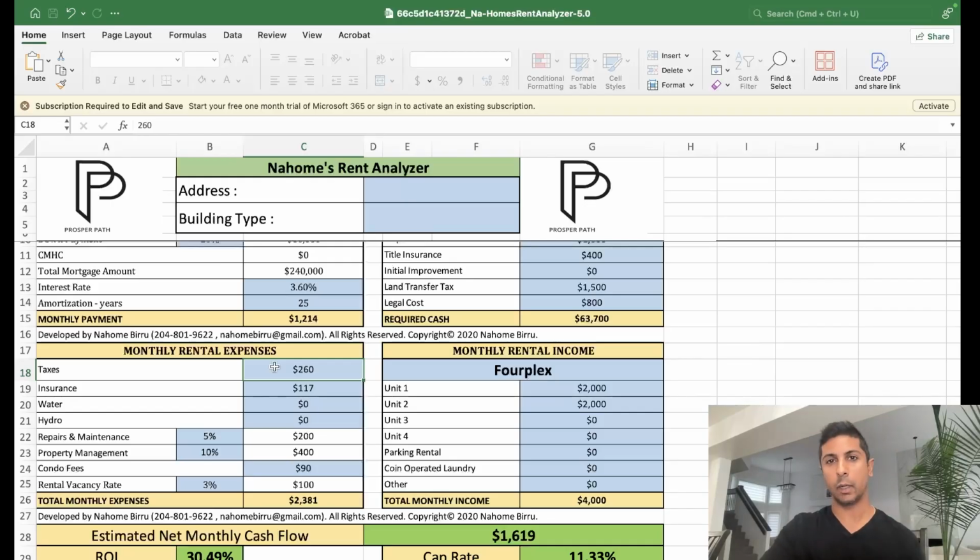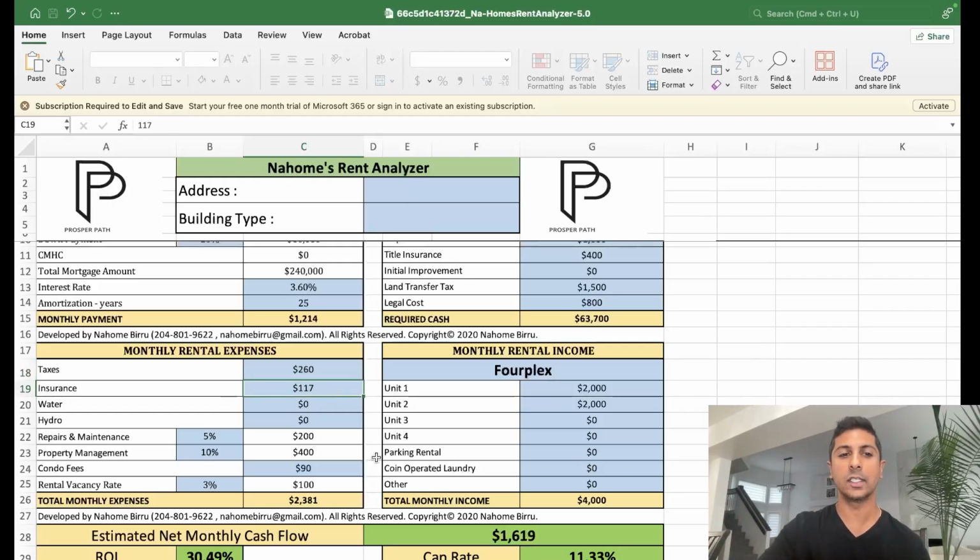It's going to depend on whether you're paying property taxes on an annual basis or a monthly basis. All of these numbers are based on the fact that we're paying monthly insurance, monthly utilities, and monthly property taxes. In this example, we're going to pay $260 a month in property tax.